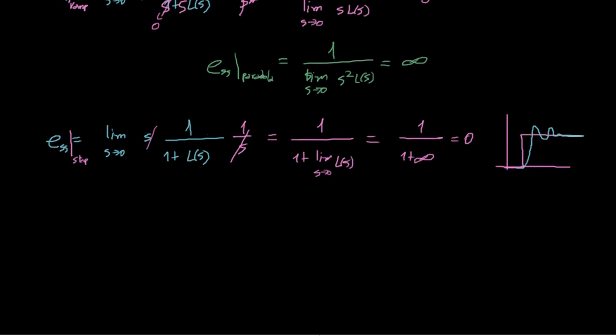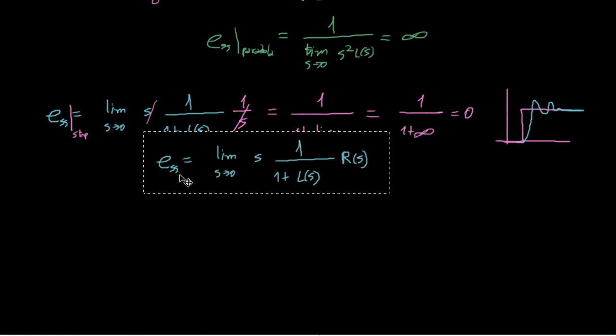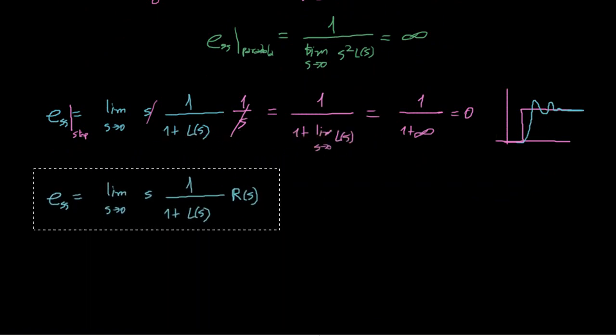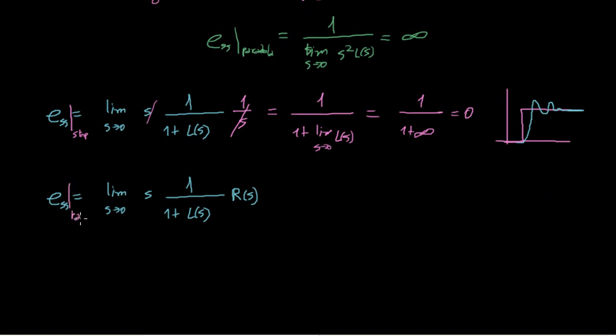Regarding the ramp function, now the calculations tell us that this is the ramp, this is 1 over s squared, as we did, this is 1 over 0 plus the limit when s tends to 0 of s times L of s.